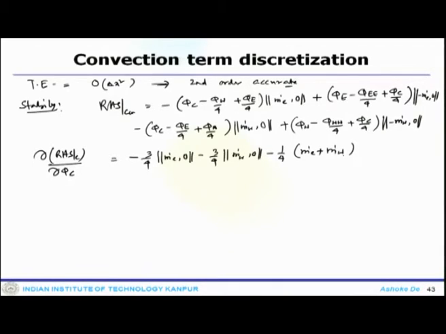So, like the QUICK scheme, for constant velocity this is always stable.